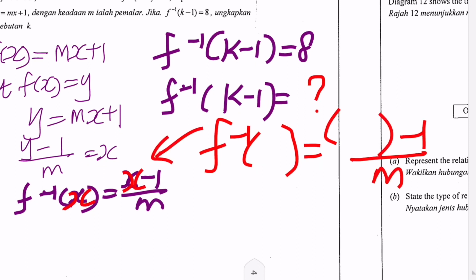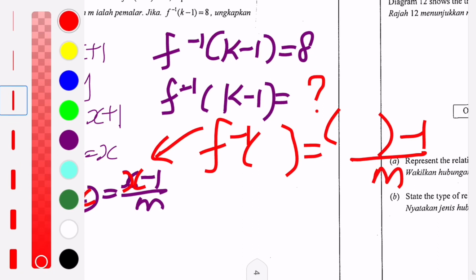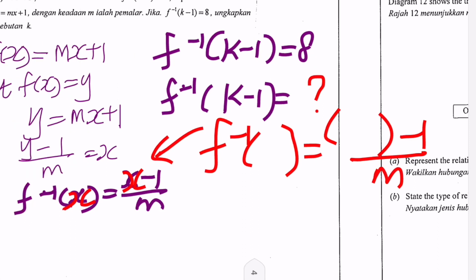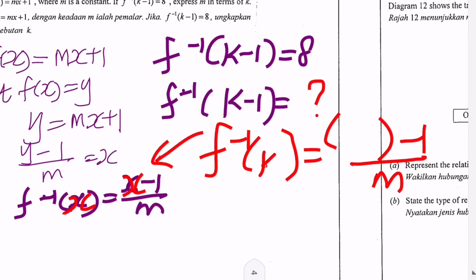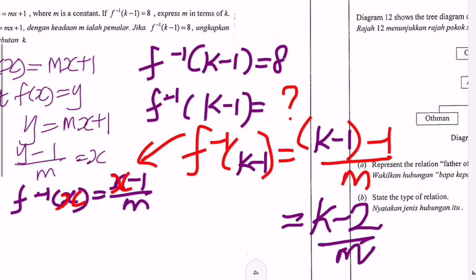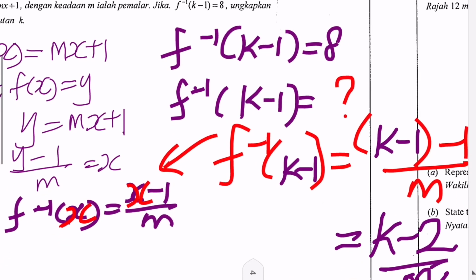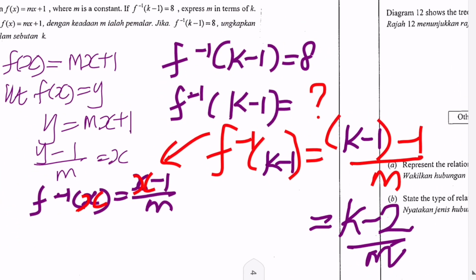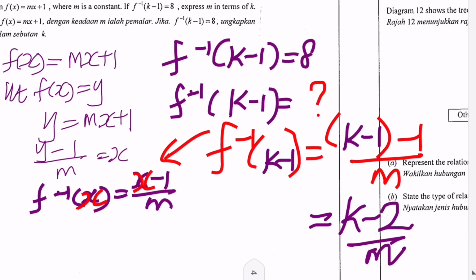I leave it for you to fill in. Inside the x, you will substitute the object k minus 1, and on the right hand side also I will substitute the object k minus 1. Then you just simplify, it becomes (k minus 2) over m, and the question says the inverse with the object k minus 1 is 8, right?